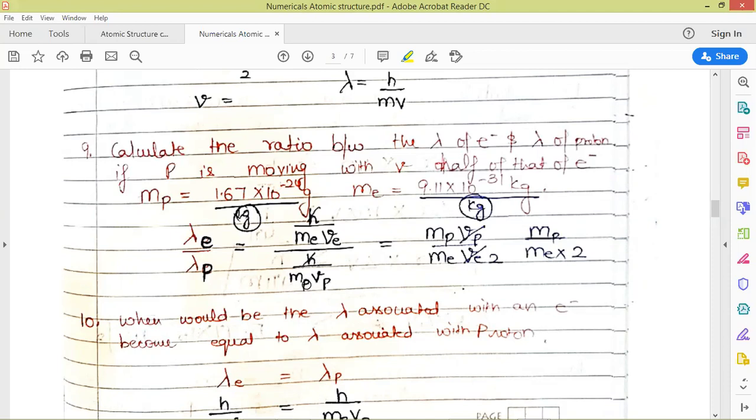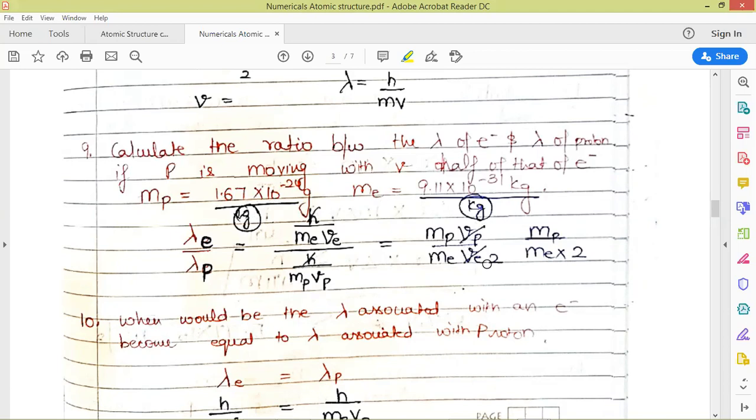From here h will cancel out as this is a constant. The values of masses we already know. Here the mass of proton is given in grams, but the mass of electron is given in kg, so you will first have to convert this mass into kilograms. It will come out to be 1.67 into 10 raised to power minus 27 kilograms.